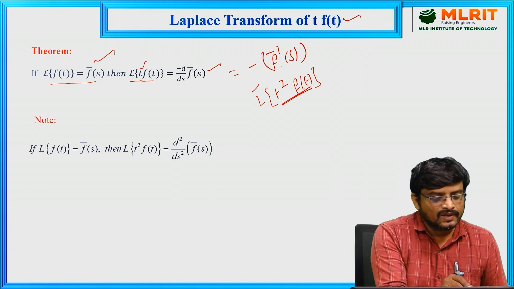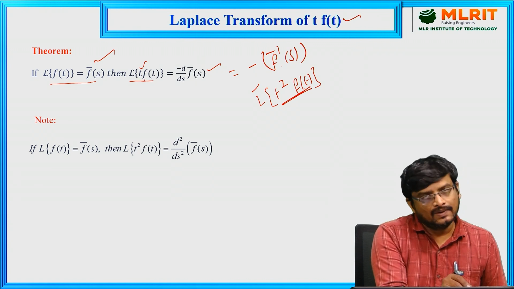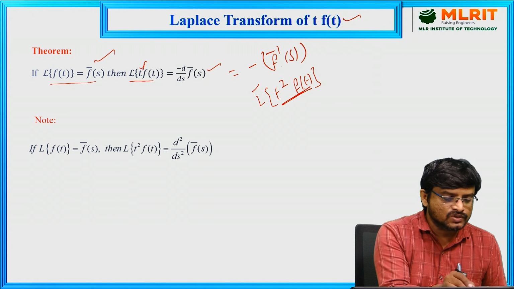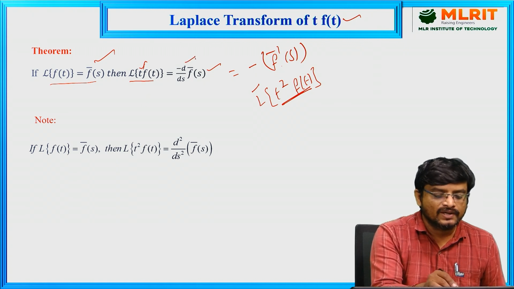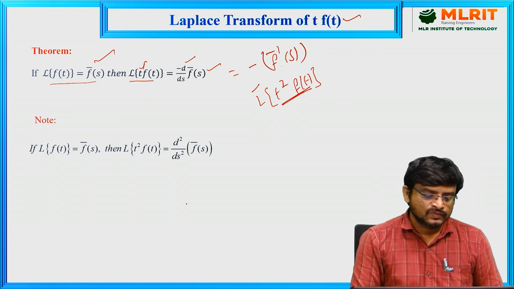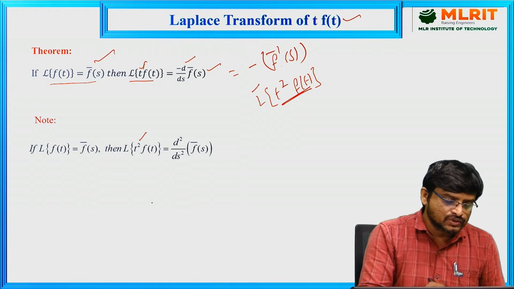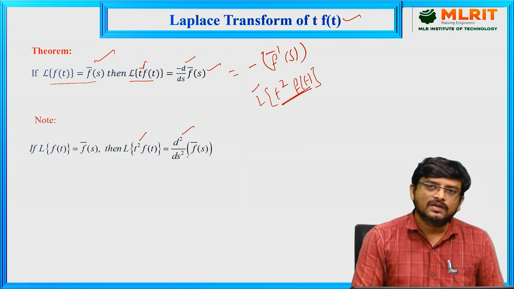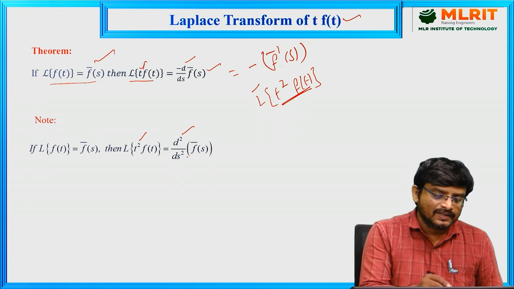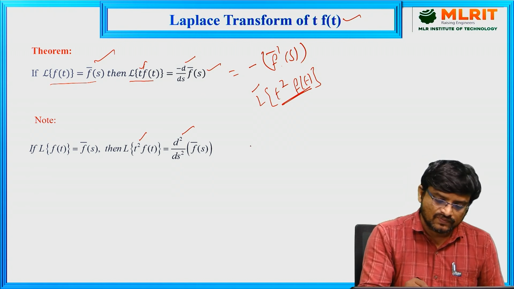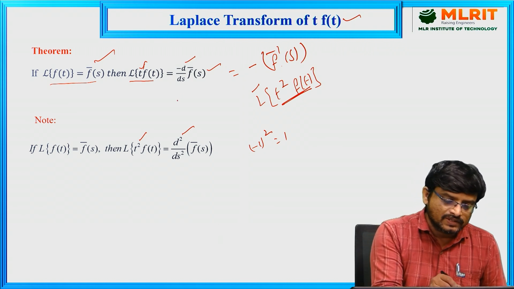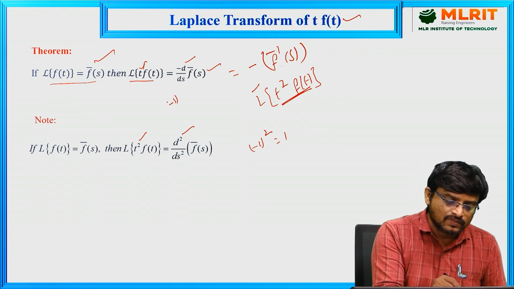Since here we have only t multiplied with f of t, the power of t is 1. Because we applied only the first derivative, whenever the power of t is 2, we have to apply the derivative 2 times. If you take minus 1 whole square, you will get 1.